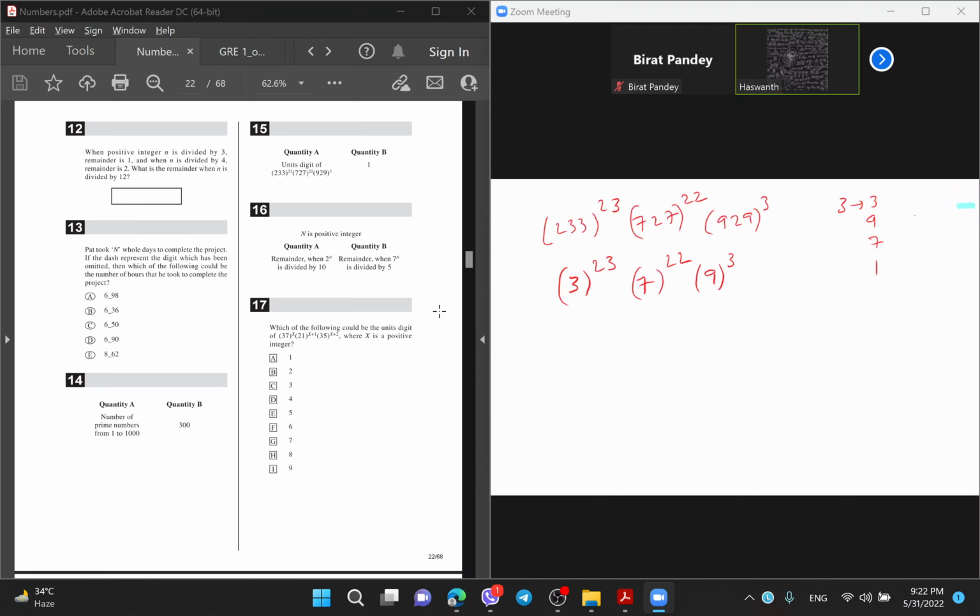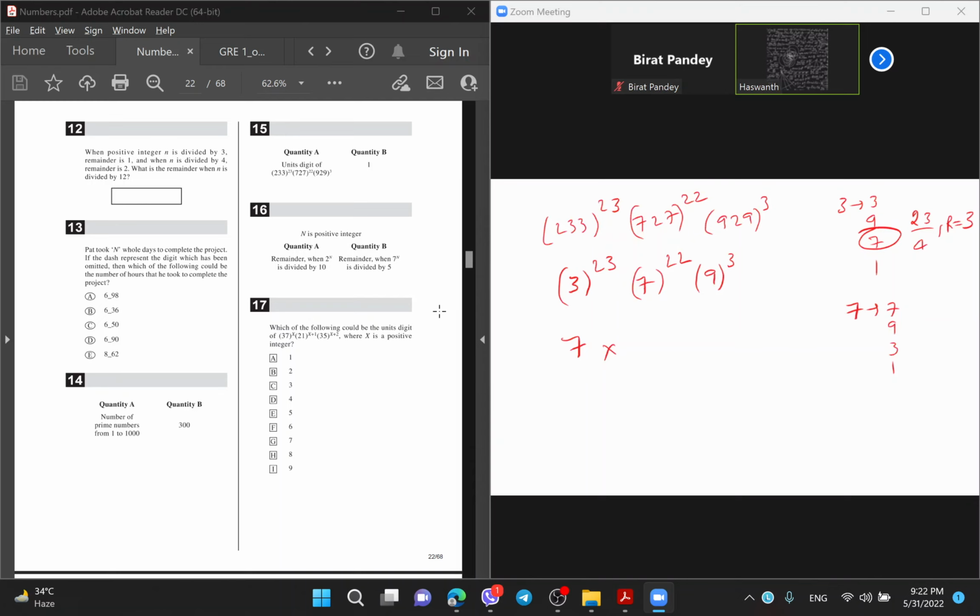So power here is 23. 3 power 23: 23 when divided by 4, remainder is 3. Remainder is 3 means third number in the power cycle. Then 7 power 22. Power cycle of 7 is 7931. 7 when raised to any positive integer will end in either 7 or 9 or 3 or 1.